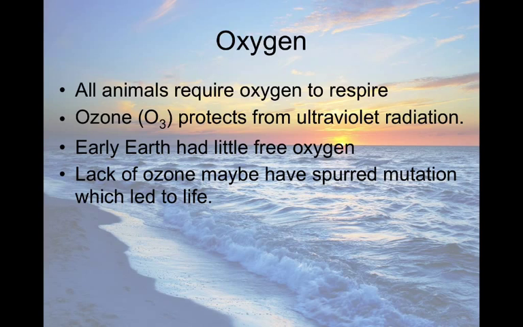But that radiation that we now find so dangerous, with the lack of ozone layers increasing skin cancer, that lack of ozone may have spurred mutation. All that radiation can cause cells, or even molecules, to mutate, which in the presence of all the goodies going on in the early ocean may have helped give the jump start to life.